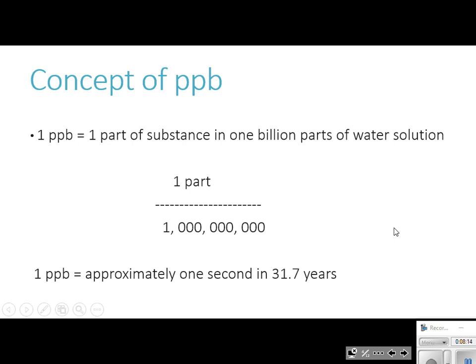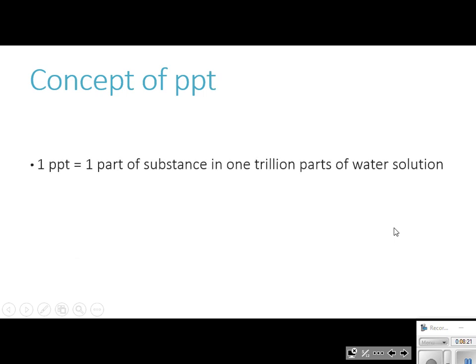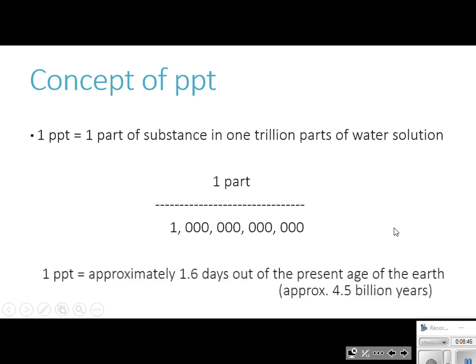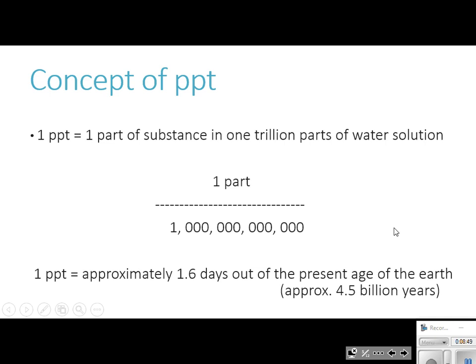Now, you can probably think of what's coming next, the concept of parts per trillion. 1 ppt, 1 part per trillion, is 1 part of a substance in 1 trillion parts of a water solution. The bottom number, there's the 1 part, there's the 1 trillion.